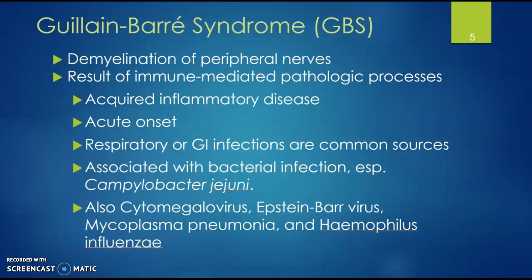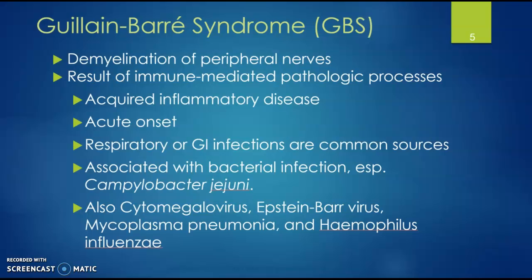It's very common for when you do your history and physical to find that they have either had a respiratory or GI infection. It is also associated with Campylobacter jejuni, which is a bacterial infection, or a couple of viruses, which is cytomegalovirus and Epstein-Barr virus, Mycoplasma pneumonia, and Haemophilus influenzae.